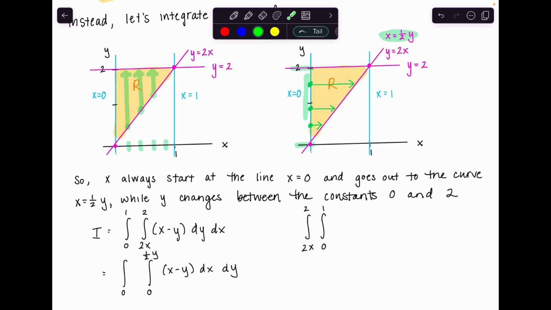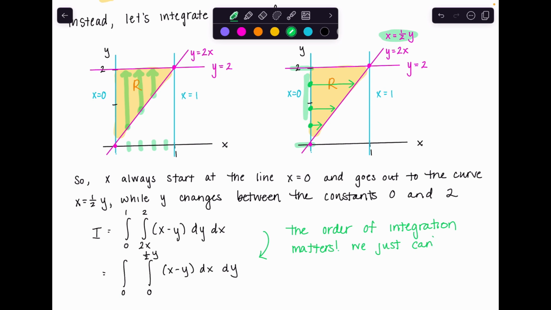These are finding the volumes of the solids underneath this particular function. So do not fall into that habit of just swapping. Here, the order of integration matters. We just can't swap bounds. It is only constant bounds.